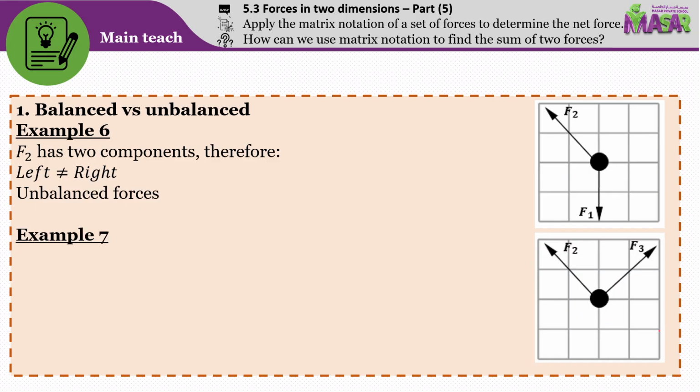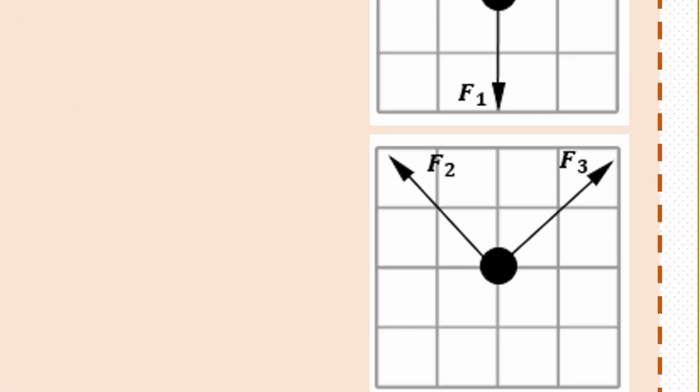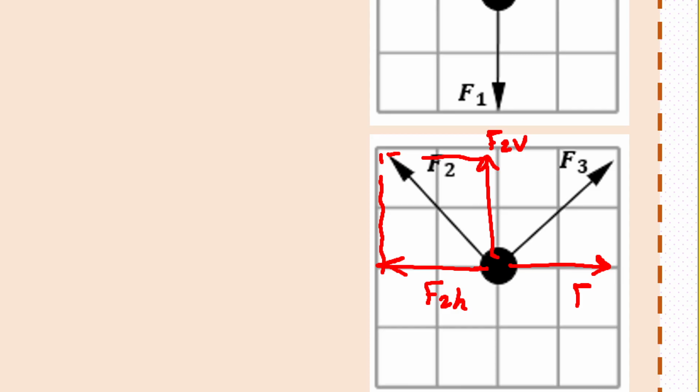Now, for example 4, again, we need to decompose the two forces. So let's decompose them. This is F2V, and here we have F2H. For F3, we have F3H and F3V. As we can see here, we have two forces acting horizontally, one to the left and the other to the right.